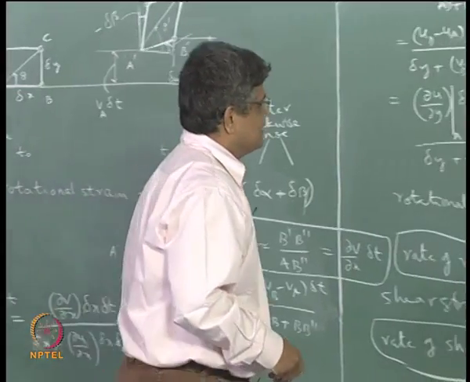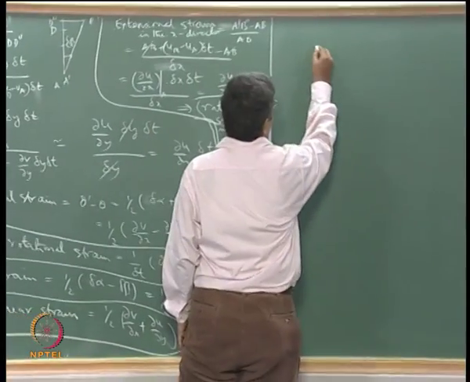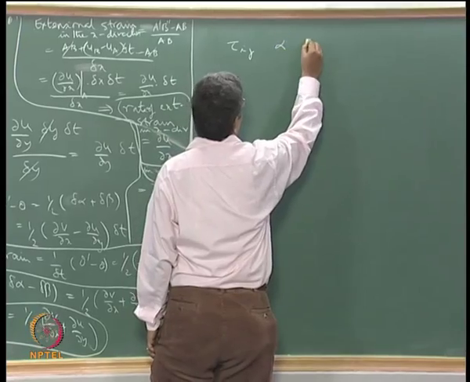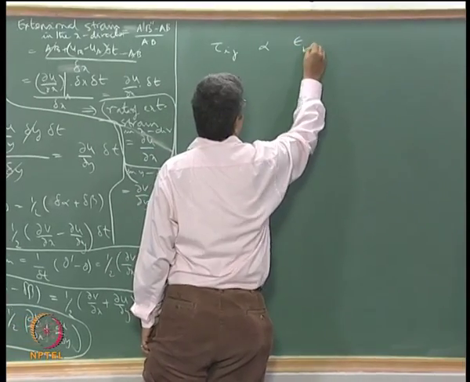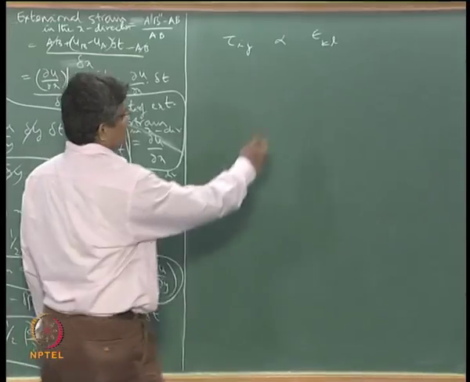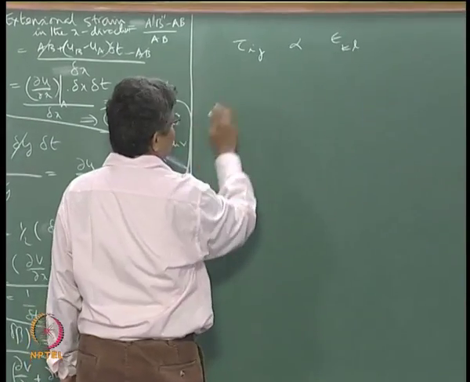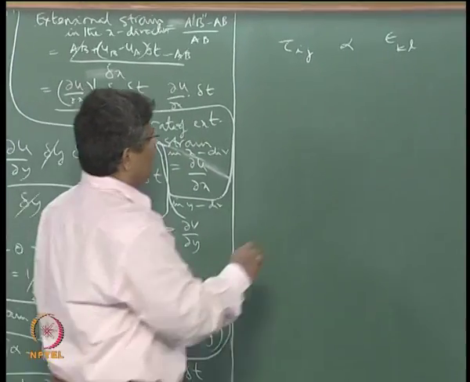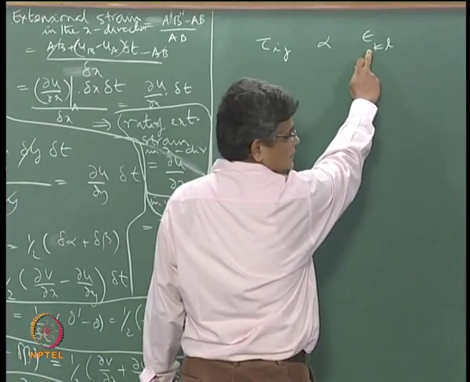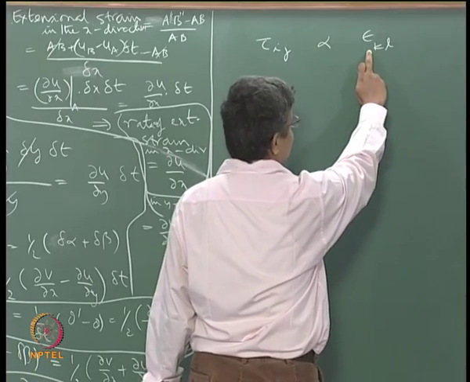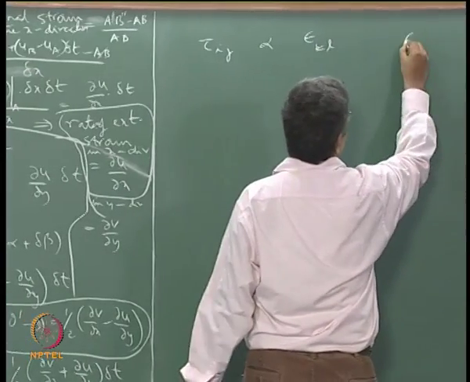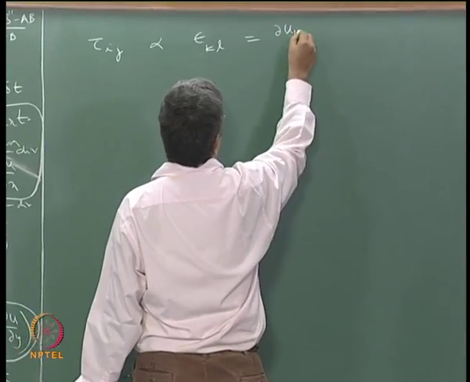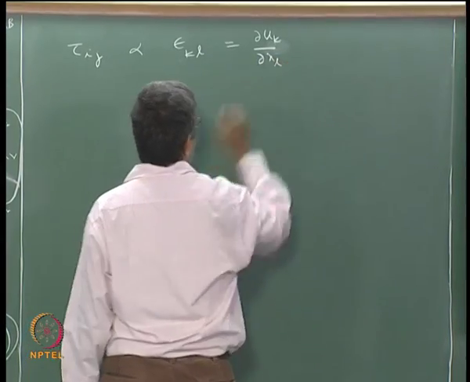So we would like to say that tau ij is proportional to epsilon kl, where this stress, we know, is a tensor, and we make up a strain rate tensor, deformation rate tensor, which is nothing but dou uk by dou xl.